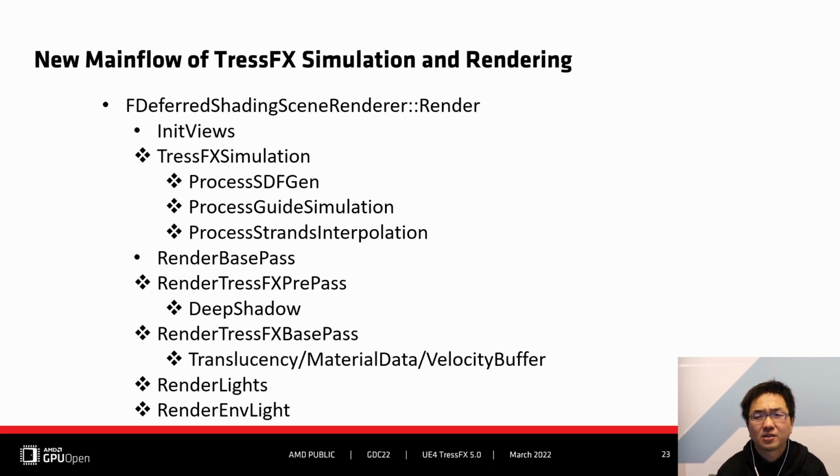It also updates the velocity buffer to support TAA. In the past render lights, we now support cast and receive shadows very well. We implement the shading and the lighting based on the new shading model and support skylight in render environment light.